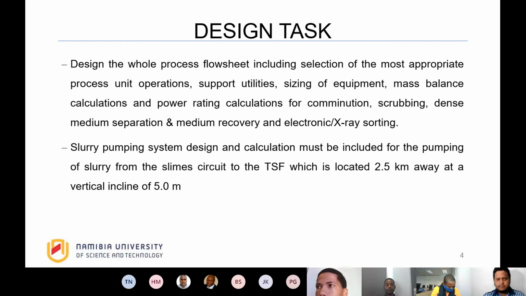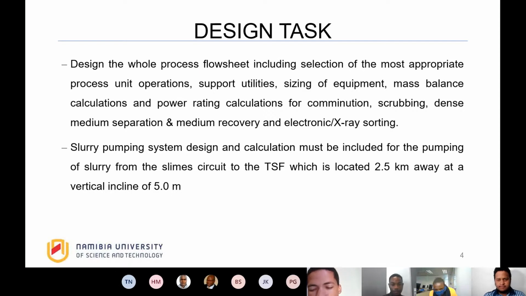As I was saying with the design task, we were tasked to come up with a flow sheet, select proper equipment, do mass balances, and the power ratings for our equipment. We are designing the mine based on mineral processing, so we go from comminution to scrubbing, then separation to recovery using X-ray sorting.